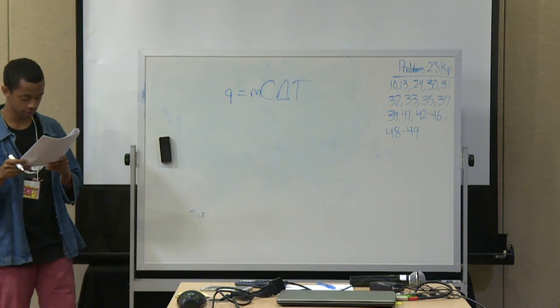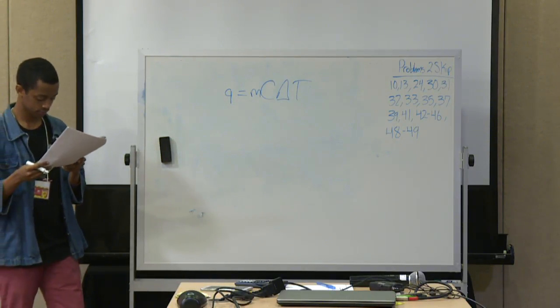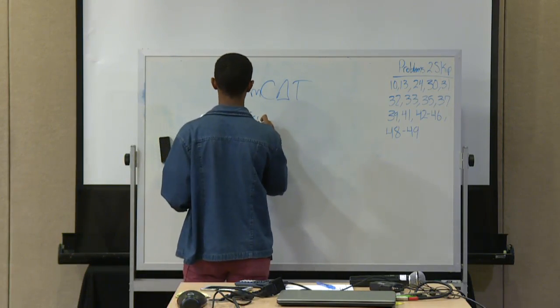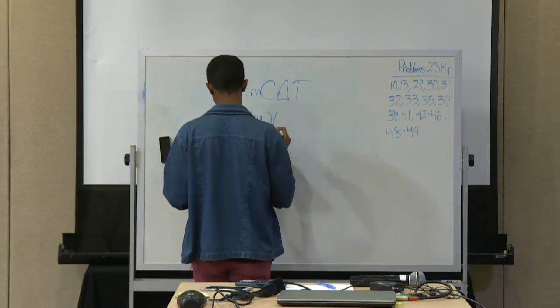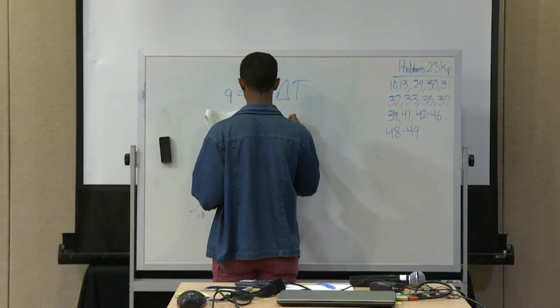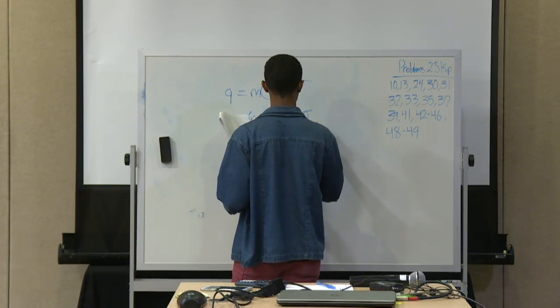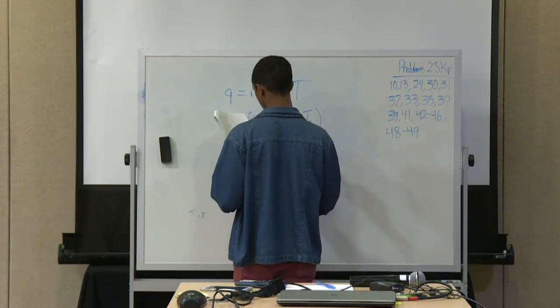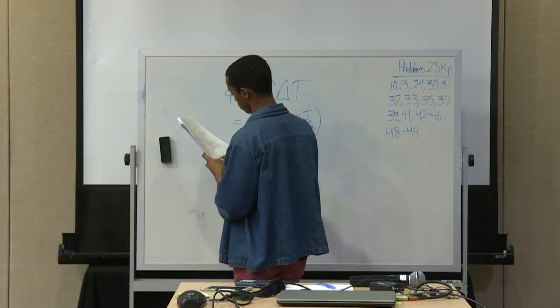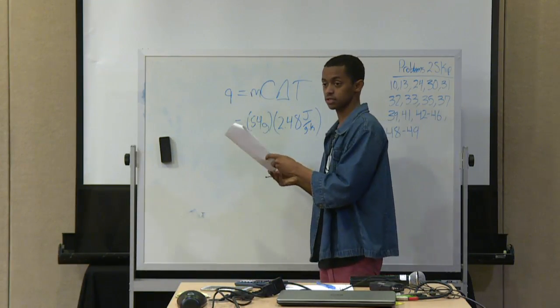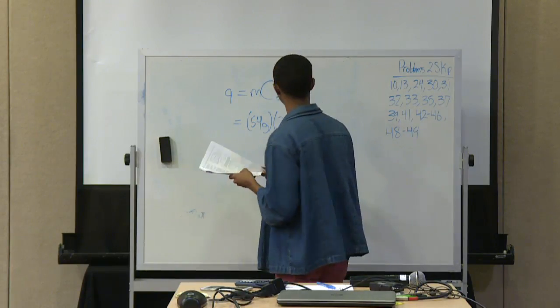Do we have all those variables in here? Yeah, we do, right? So we've got 54 grams. We've got the specific heat. And we've got the change in temperature. We went from 25 Celsius to 35 Celsius, so we increased by 10, right?